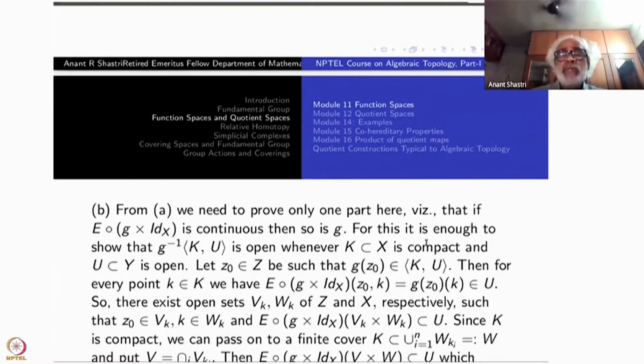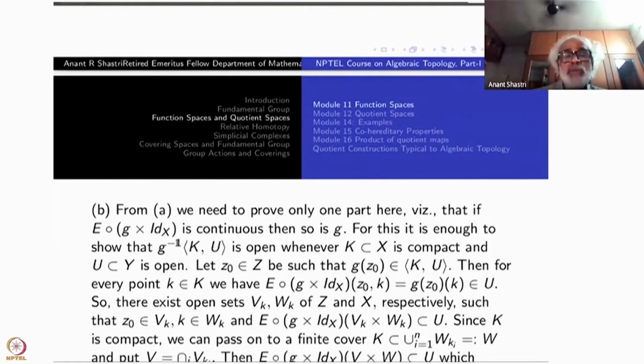For this, it is enough to show that G inverse of a subbasic open set K U, where K is compact and U is open, is open. If I show the inverse image of every subbasic open set is open, then the function is continuous.